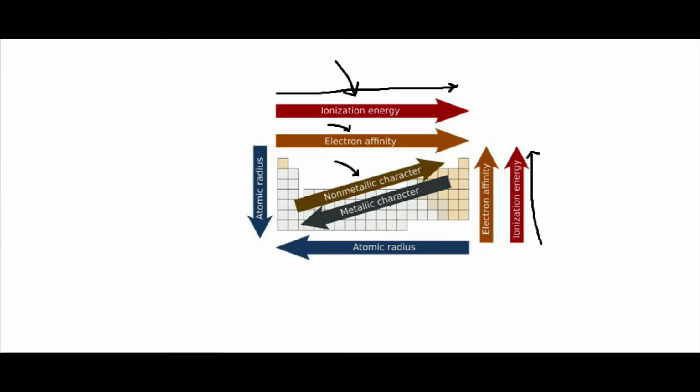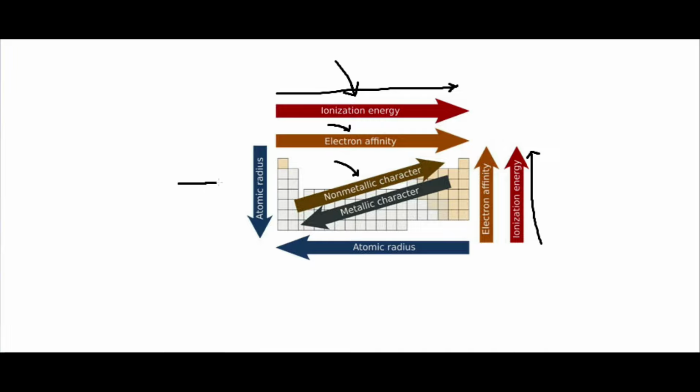In a way, those have the same trend as ionization energy, because you could probably think of metallic character as like conductivity. That's maybe not a good way to talk about it, but it does have to do with the way that electrons are conducted.